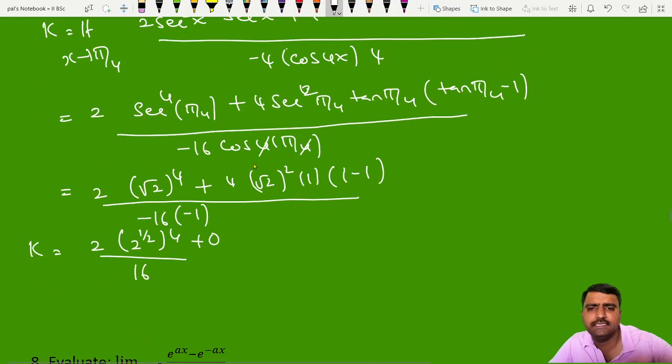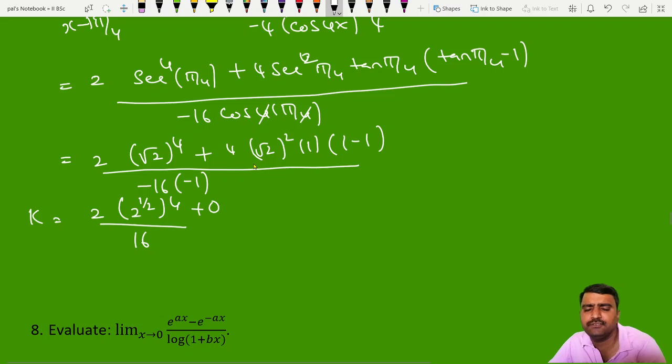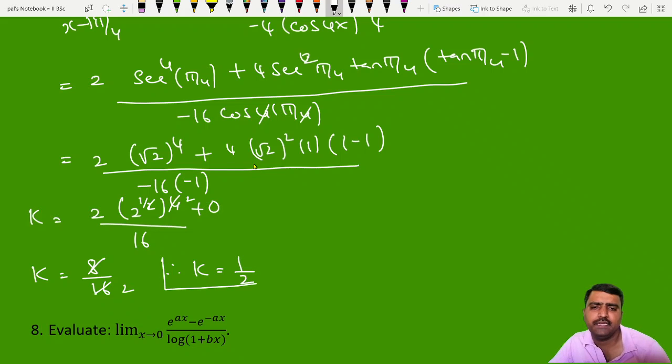Again k is equal to, here 2 ones are 2, the power 2 remains. 2 square is 4, 4 2s are 8, 8 by 16. So 8 1s are 8, 8 2s are 16, therefore k is equal to 1 by 2. The value of k, meaning the limit value, is equal to 1 by 2.